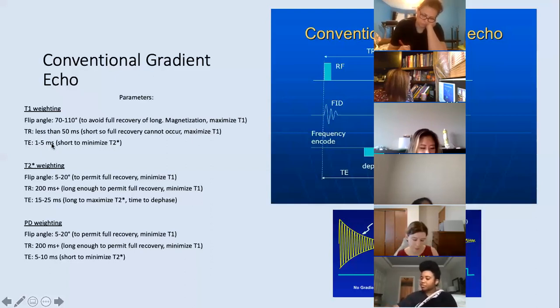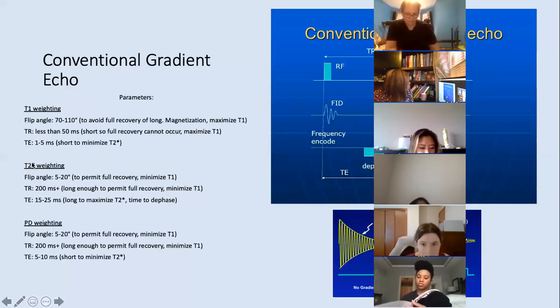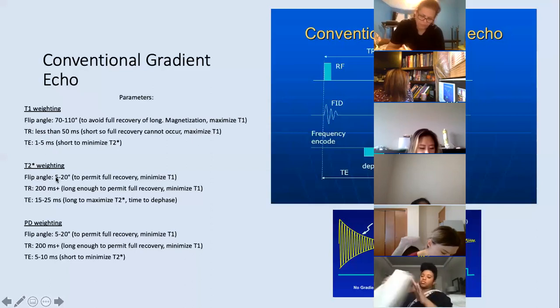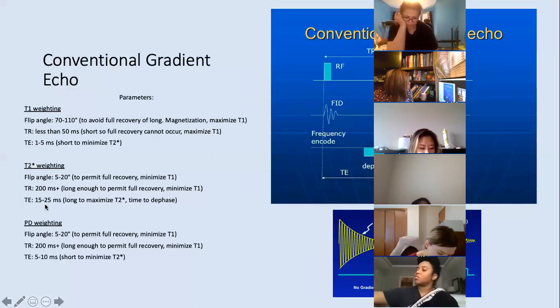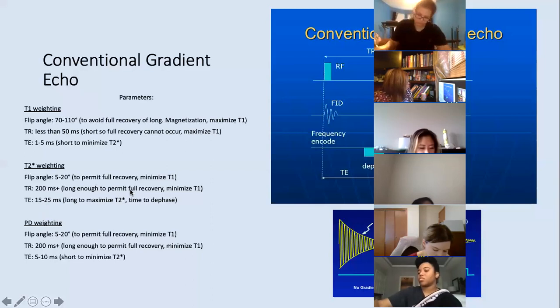So going back to that image weighting unit where we were talking about how to select a short TR and a short TE, it's very similar, but now we just have to factor in our flip angle. So if we desire a T2 weighted image, we're going to select a very small flip angle and then a relatively long TR and a long TE. And that will maximize our T2 weighted imaging and minimize our T1.